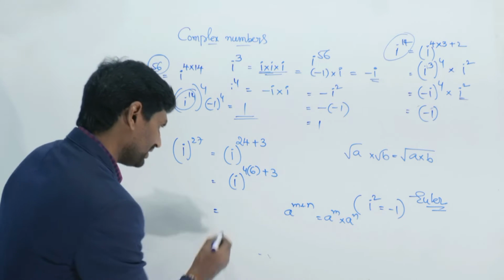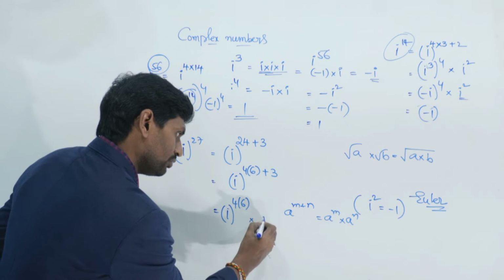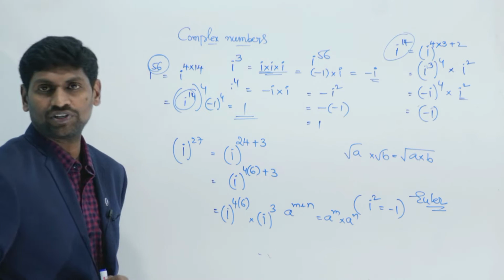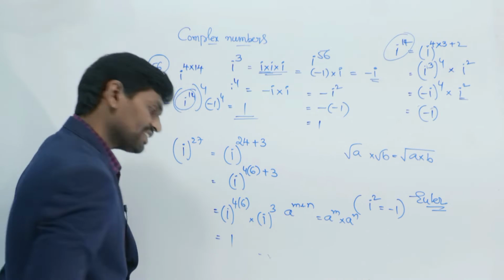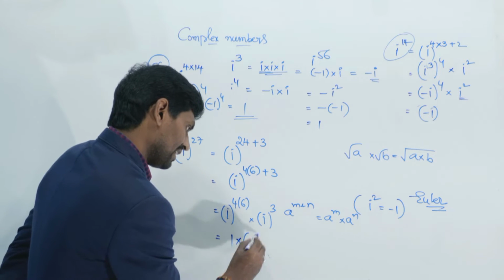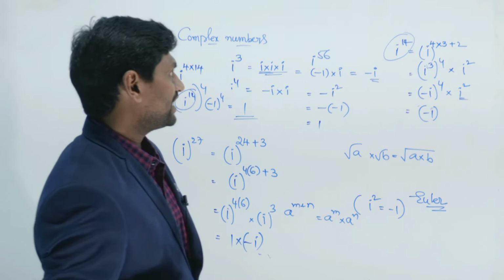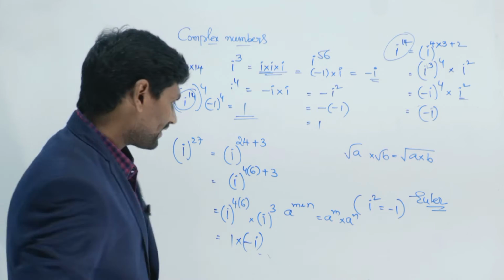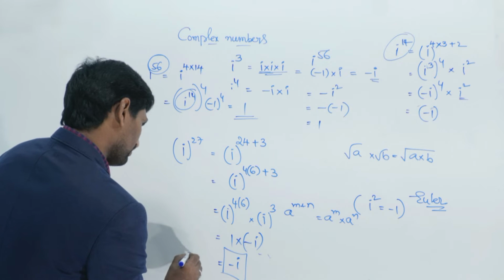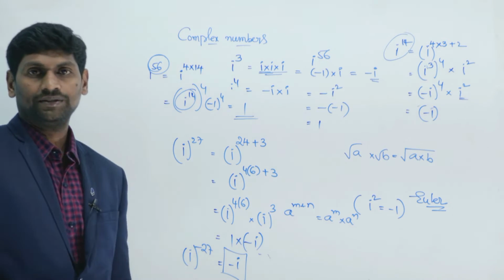Same formula applying here: (i^4)^6 into i^3. 4 multiples means the answer is 1, and the i cube value is minus i, since i into i square, i cube is minus i. So 1 into minus i is minus i. So simply the i^27 value is nothing but minus i.